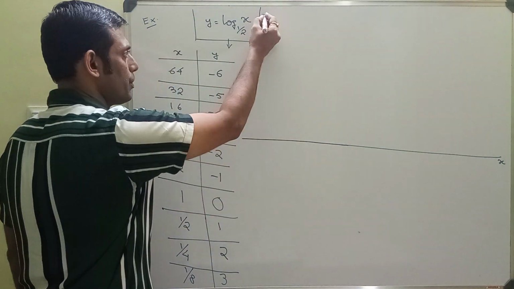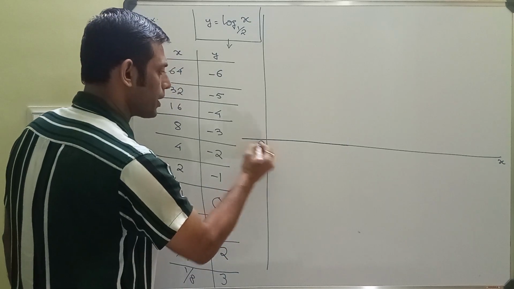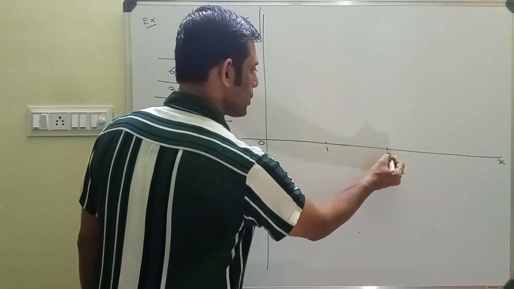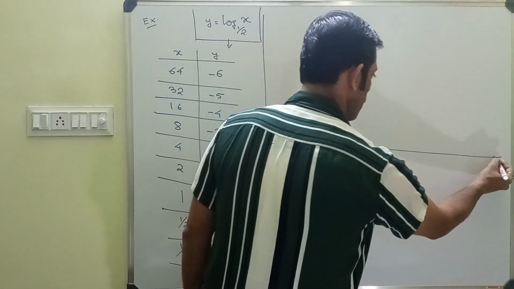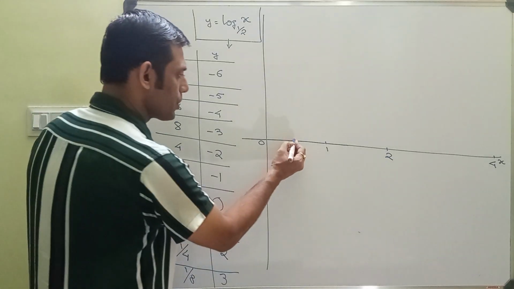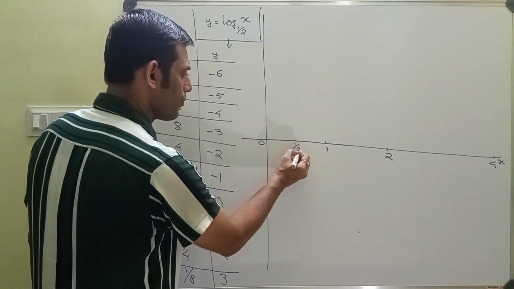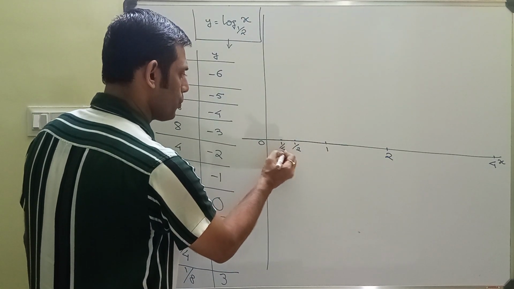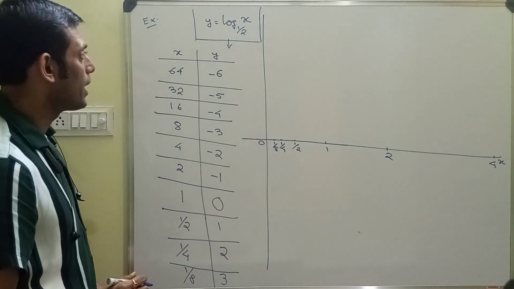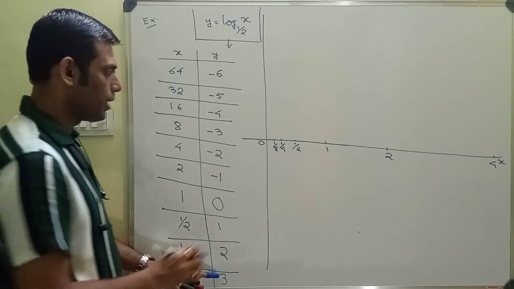Let's say we begin with an origin at this point. If this is 1 and this is 2, this is approximately 4. Let's see what happens in this small region. If this is 1, then this is going to be half, this is going to be 1/4, and this is going to be 1/8.